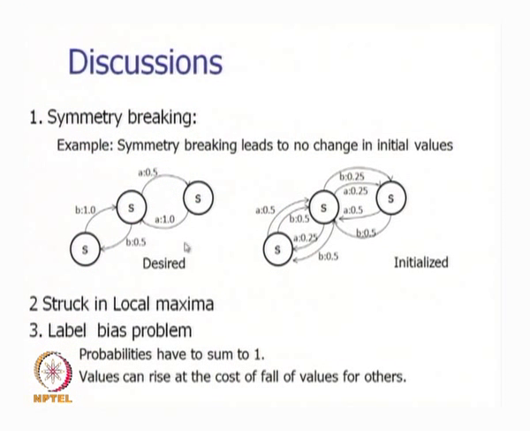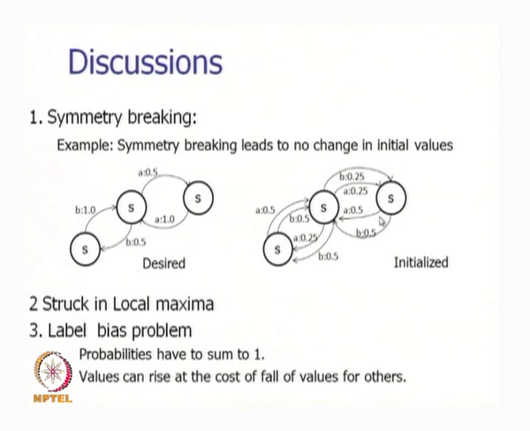Looking at the slide once again, we see there are two other points which can sort of handicap the algorithm. One is the issue of symmetry breaking. The symmetry breaking issue is that if we do not randomly initialize the weights, a kind of symmetry exists, which is shown here. You can see that A value, B value and A value, B value here.